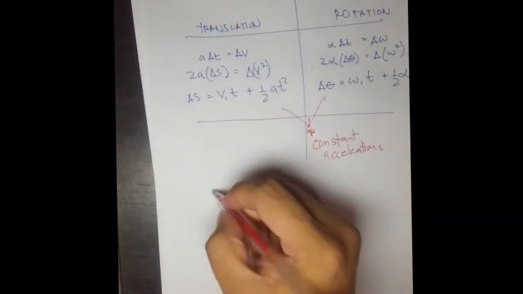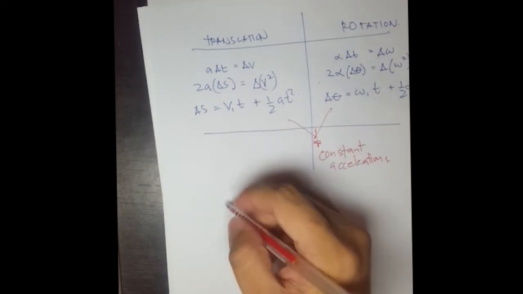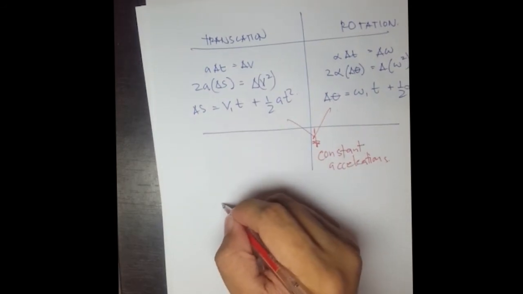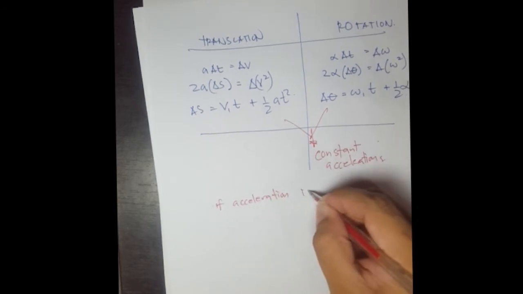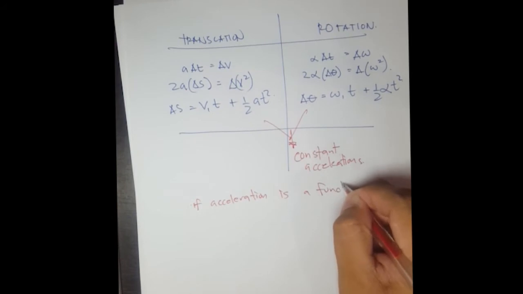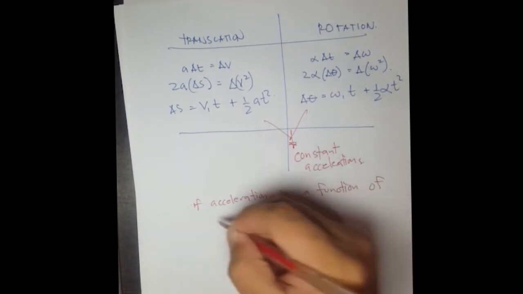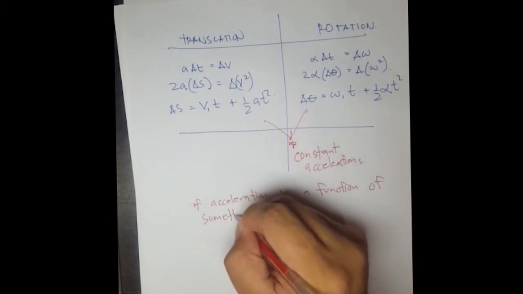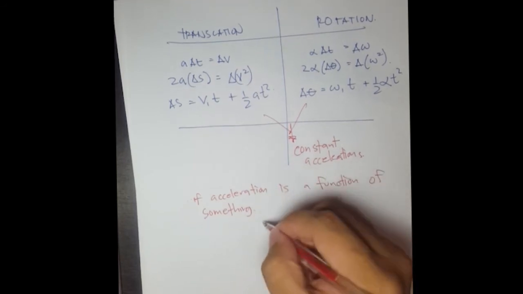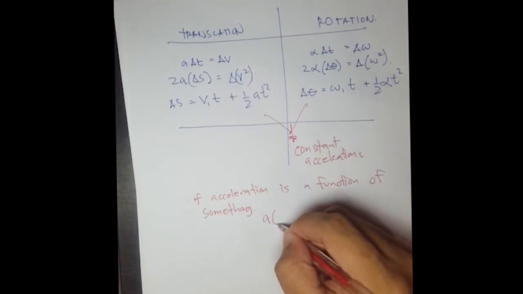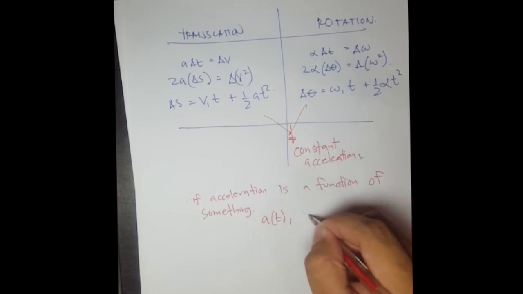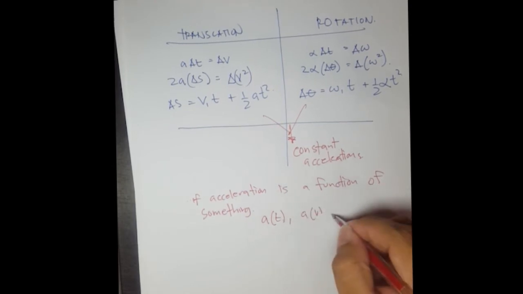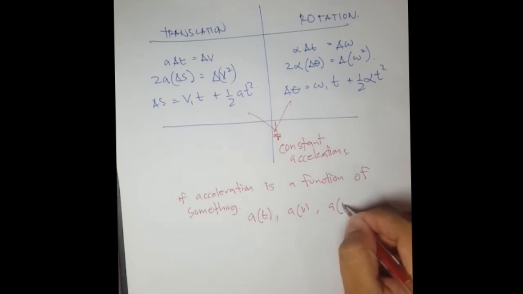So for problems or situations where, let's say, acceleration is a function of something, so let's say a is a function of t, or is a function of velocity, a is a function of distance, right?